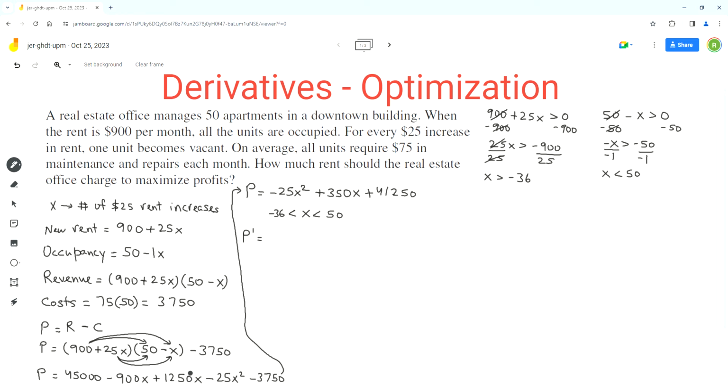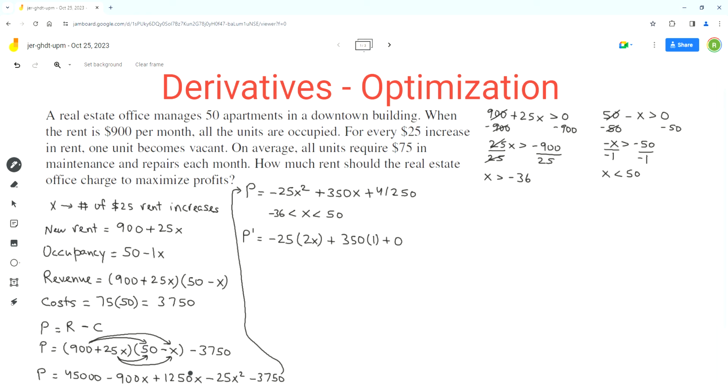So p prime is equal to, for the first term, negative 25 is the coefficient, so it will stay as it is, and the derivative of x squared is 2x as per the power rule, and then plus 350 is the coefficient, it will stay as it is, and the derivative of x is 1, and 41,250 is a constant, so its derivative is equal to 0.